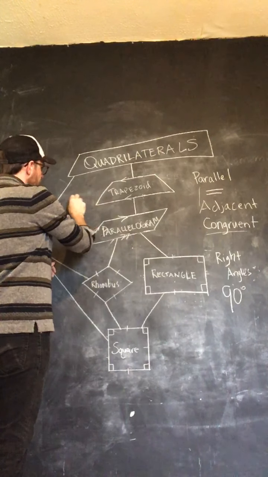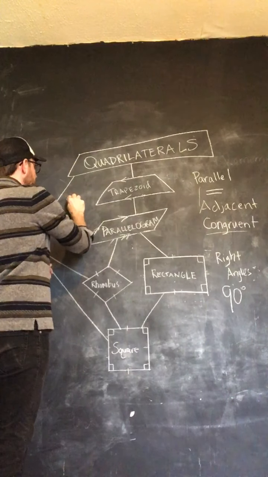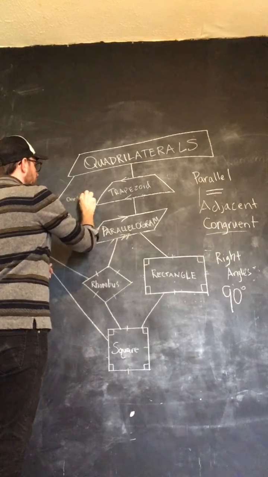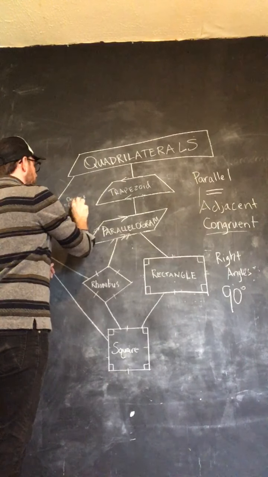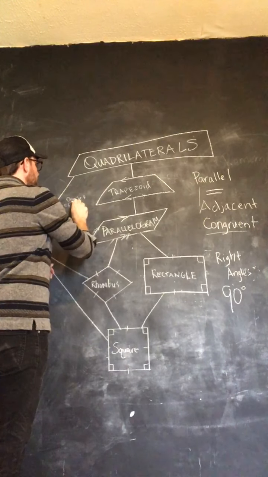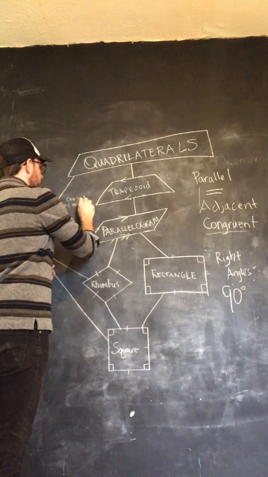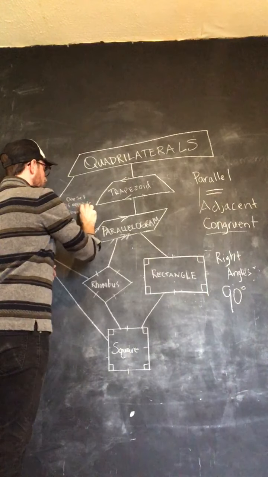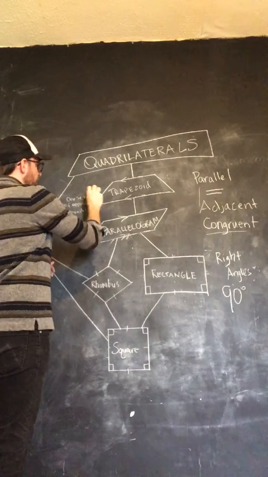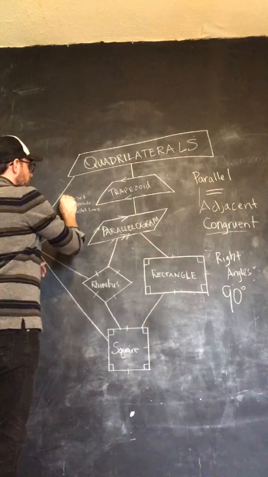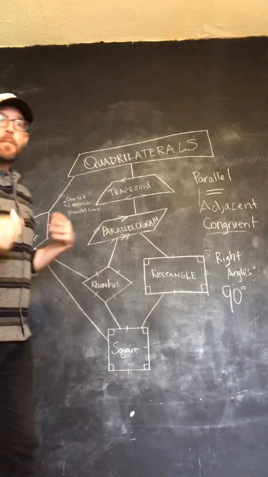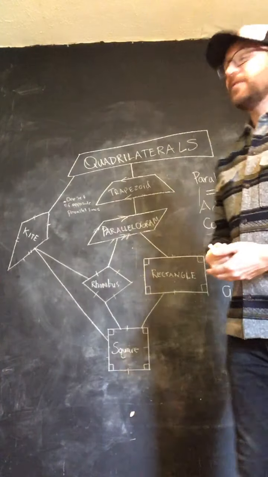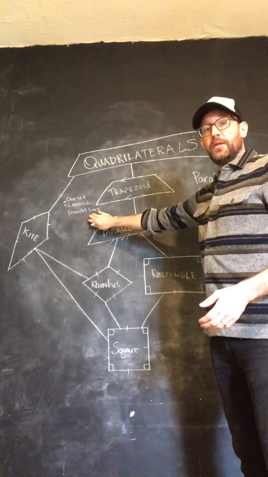So for instance, next to trapezoid, you would write one set of opposite parallel lines. And you would do something like that for every single shape. So you put a little bullet point here beside your shape. When you make your family trees, make sure you're putting that extra information in there.